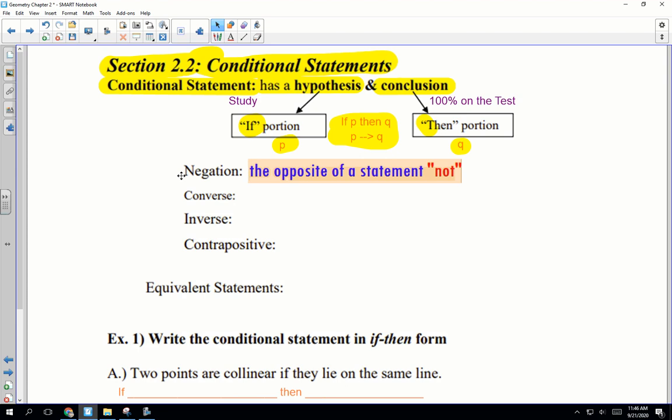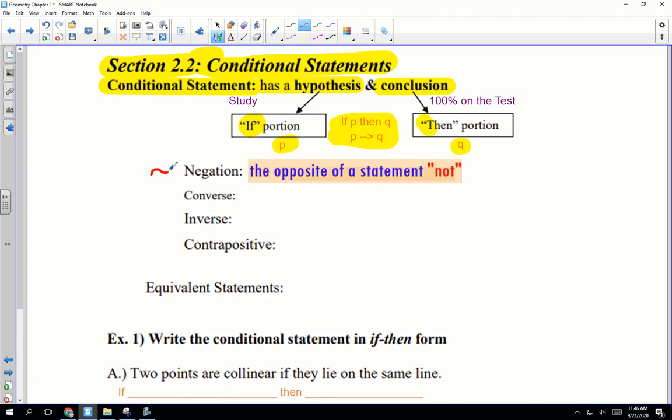A negation is like in math when we make a number negative. So when we make a number negative, we use a negative sign, but for this negation, we are going to use a tilde because we're not using real numbers here.